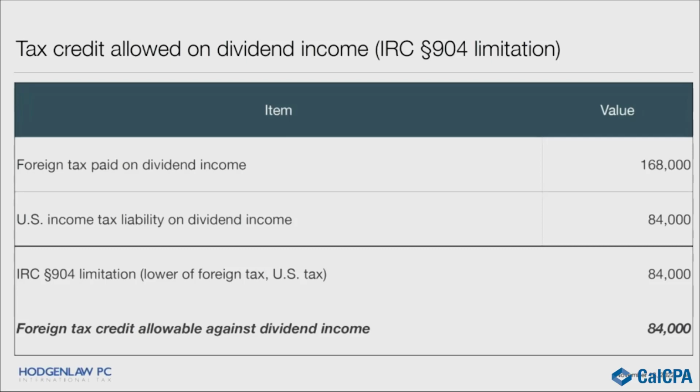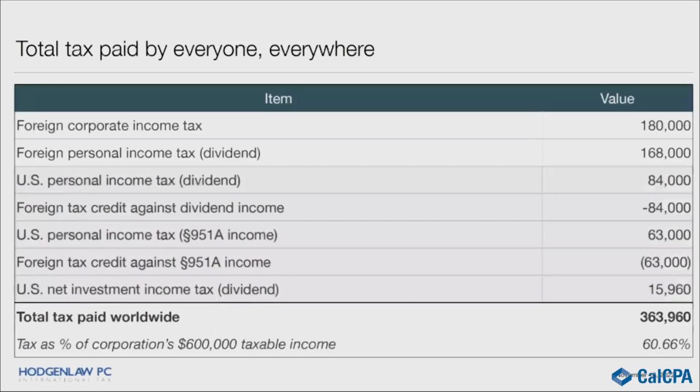So we've got a foreign tax credit flow-through. Even though the dividend income is taxable and created a tax liability, we have a companion foreign tax credit, which, as you can see from this total of everything paid by everyone everywhere, the white zone up at the top is the tax liability paid to the other country. So $180,000 for corporate and $168,000 for the individual income tax liability.